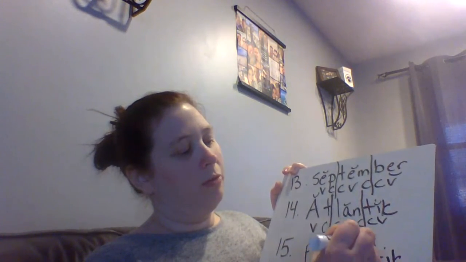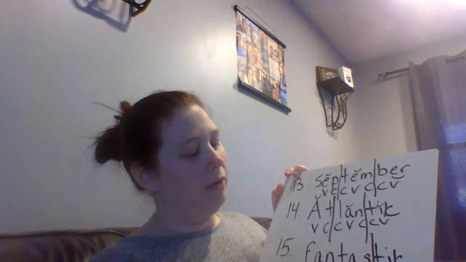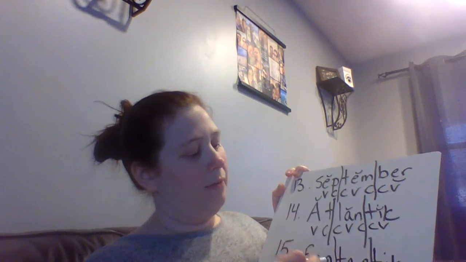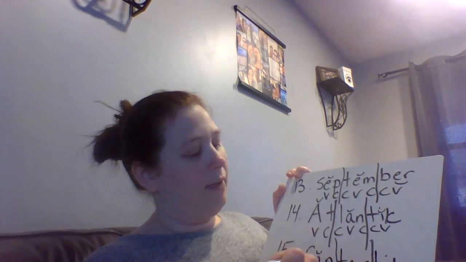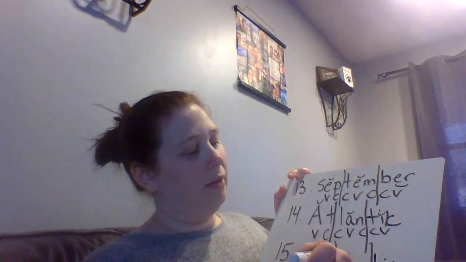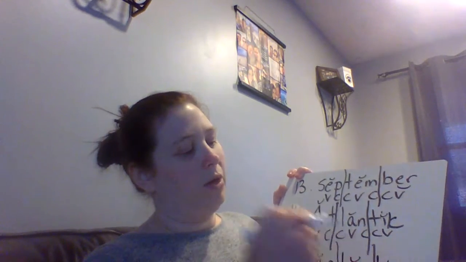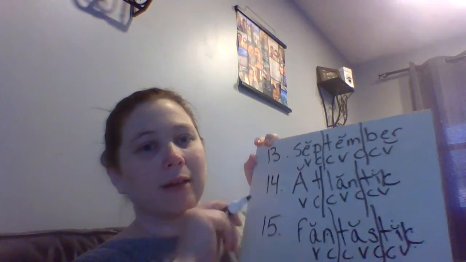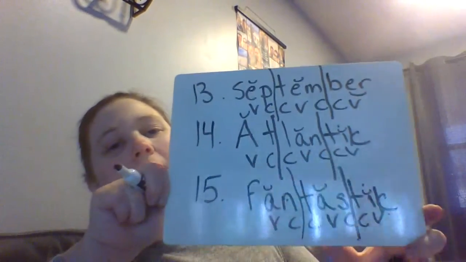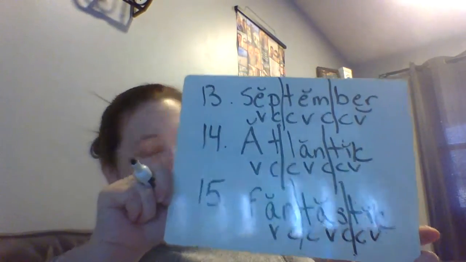Here we have vowel, consonant, consonant, vowel, consonant, consonant, vowel. We're going to do that same thing where we draw in between our syllables, the two C's. We have A, or vowel consonant gets a brev, vowel consonant gets a brev, vowel consonant gets a brev. Fantastic. All right, make sure you have that. At least have the words spelled. If you don't do the coding, that's okay.